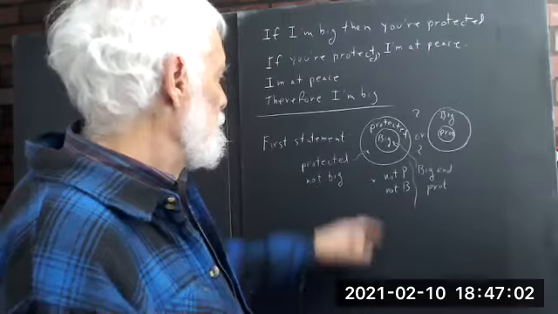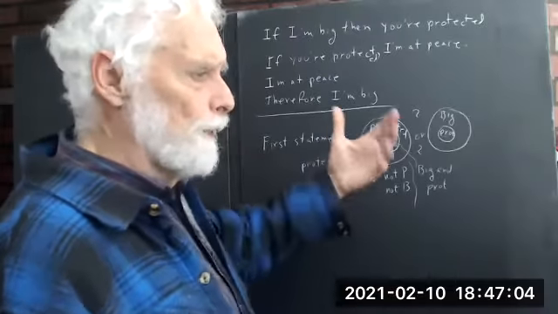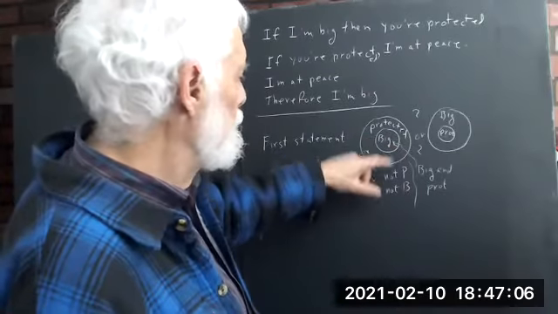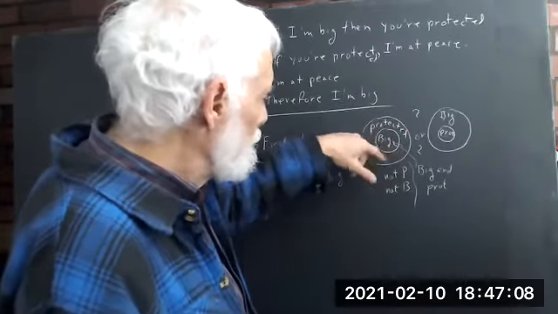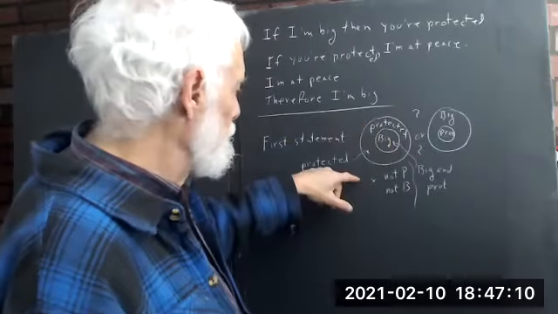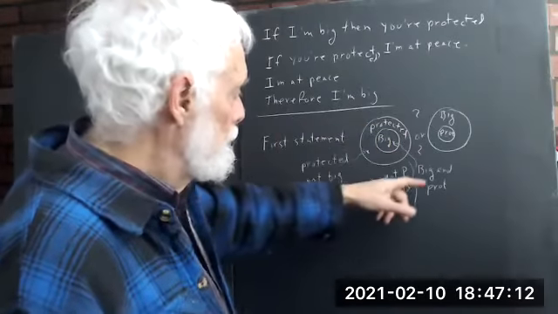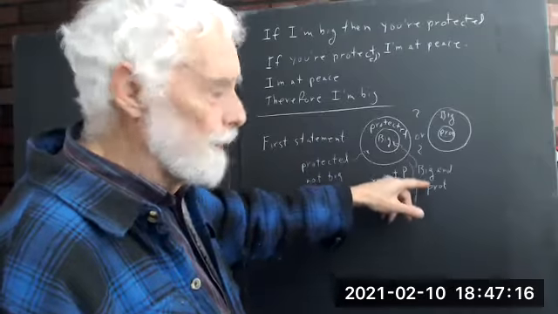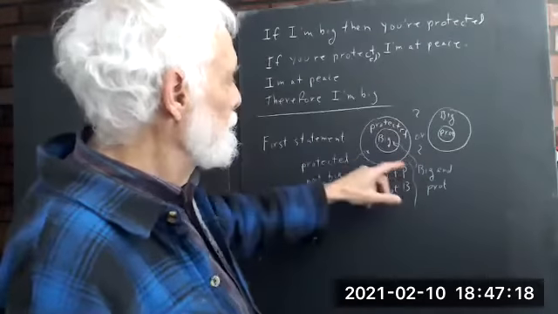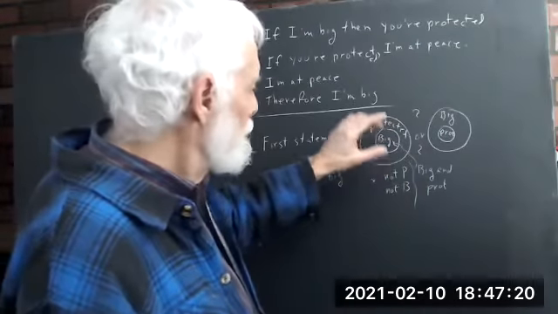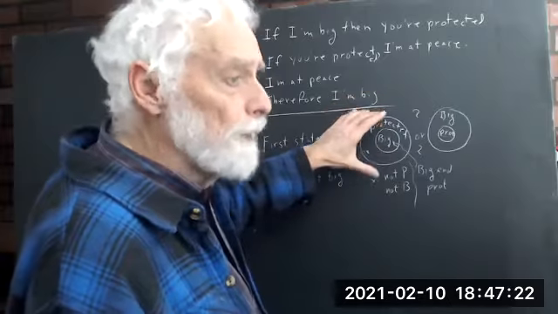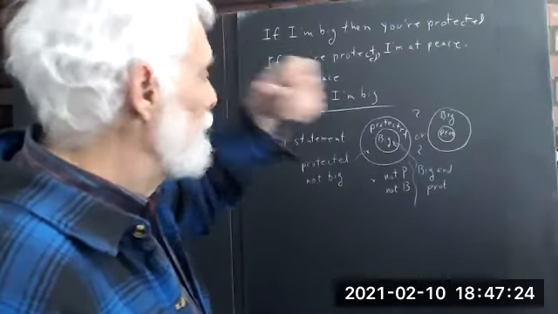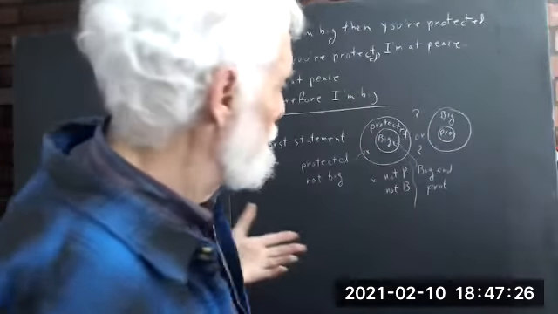Okay. Now I can put an X here. So there are only three places an X can go: in here, in the part of this circle that's not in this circle, or outside. So here, I'm big and you're protected. Big is true, protected is true. So this embodies, if I'm big, you're protected. Here, it doesn't embody that.